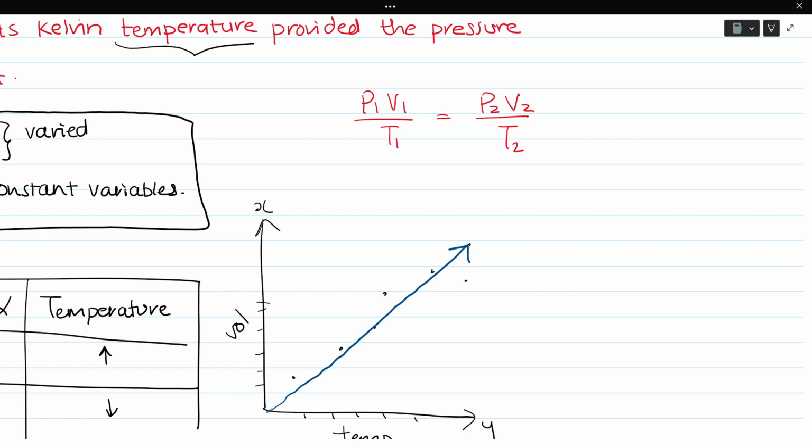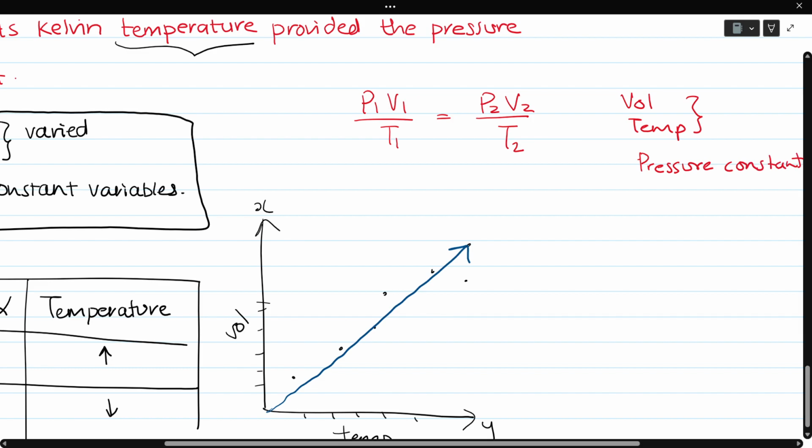Because if we're talking about volume and temperature that are changing, but your pressure is constant, what this means is at state 1, you started off with a pressure maybe like 300, and at state 2, your pressure didn't change, it's also 300.